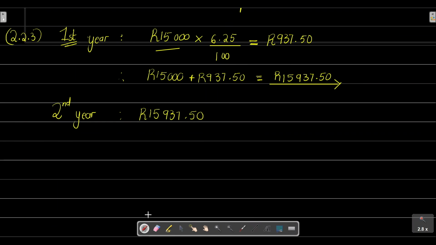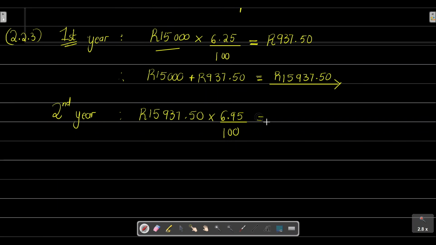So from here, we're going to take that 15,937 and 50 cents and multiply by the interest rate of 6.95%. That is the same as 6.95 divided by 100, and it's just multiplied by 1 because the interest is compounded and only added once a year.